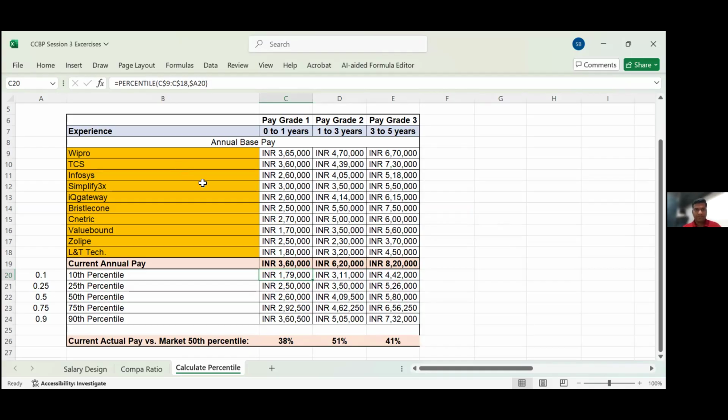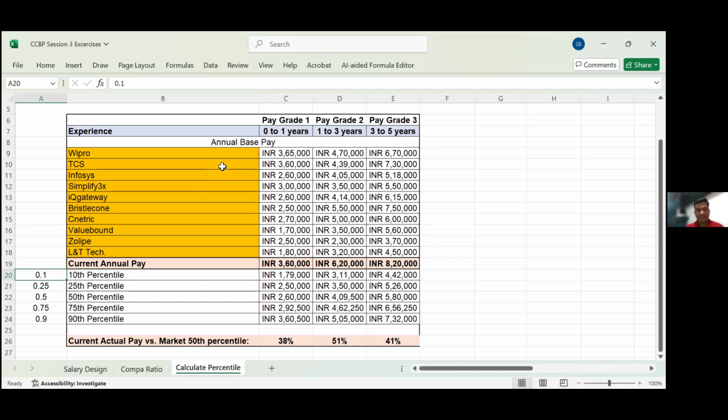What I did, I did it in one formula, which will help you: using one formula for one cell, how can you calculate the entire remaining thing? What I did is that on the left hand side, I put all those percentiles, so I can use the references of the percentile from this column.